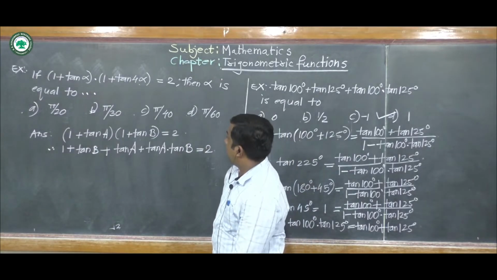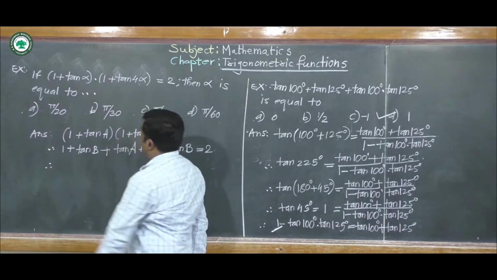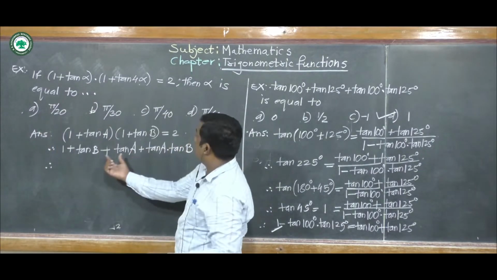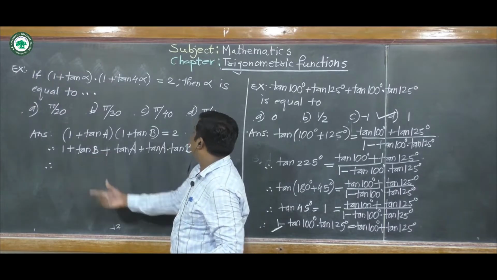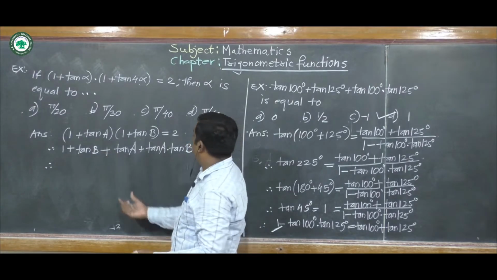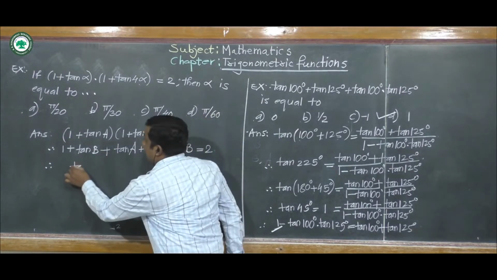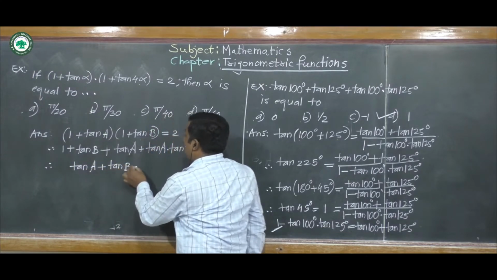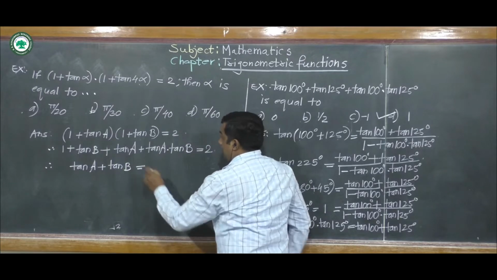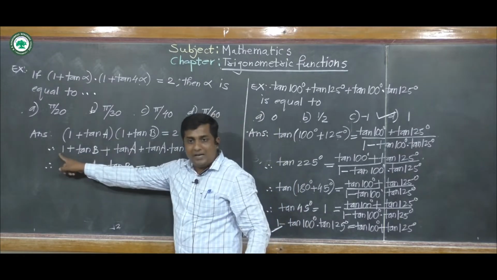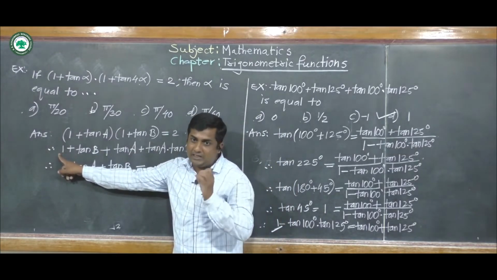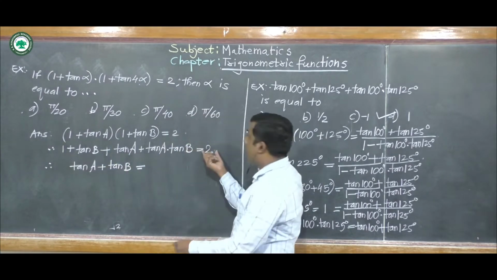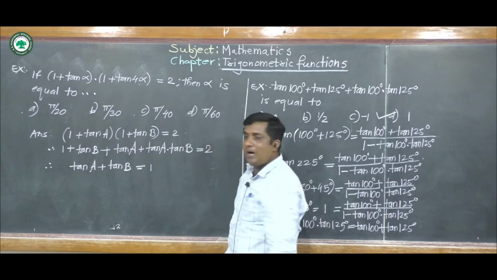Now I write tan A plus tan B separately. So tan A plus tan B is equal to 2 minus 1. Here 1 is given in LHS. If we transfer this 1 to the opposite side, its value is negative. We get 2 minus 1, and we know 2 minus 1 is 1.